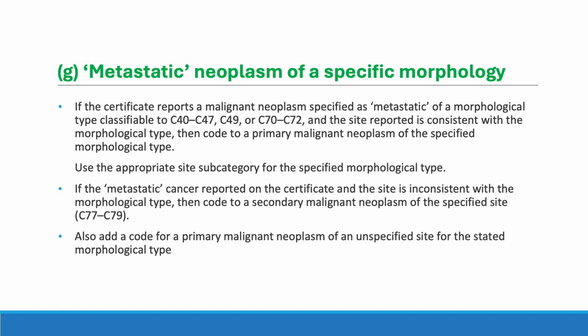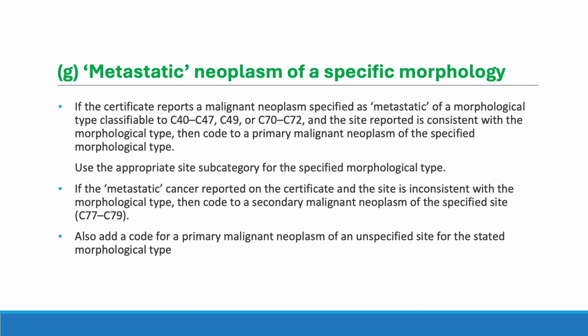If a death certificate reports a malignant neoplasm specified as metastatic of a morphological type classifiable to the codes shown, and the site reported is consistent with the morphological type, it should be coded as a primary malignant neoplasm of the specified morphological type.